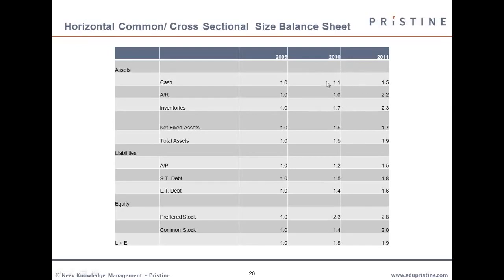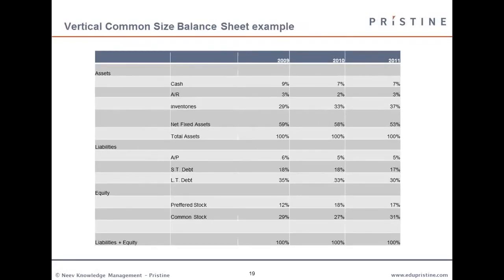So here, say in 2010, the cash has become 1.1 times, the accounts receivable has remained the same, the inventories have become 1.7 times. That's essentially the insight that you get from this horizontal common size balance sheet. And in a vertical balance sheet, we can see the liquidity and solvency position of the company.